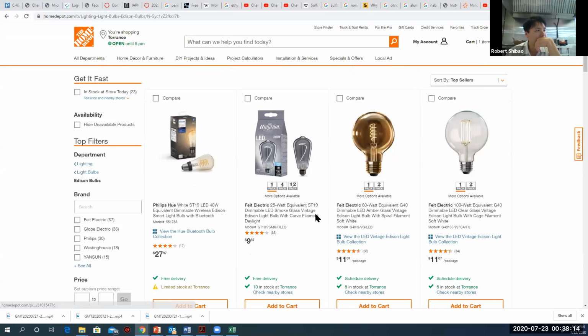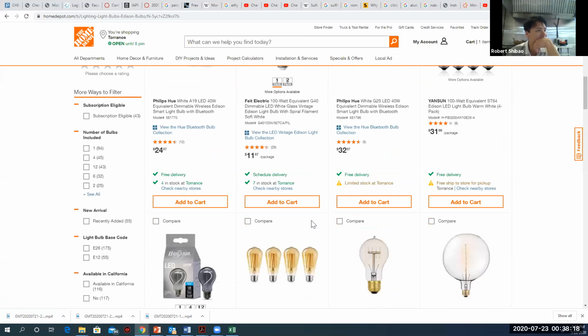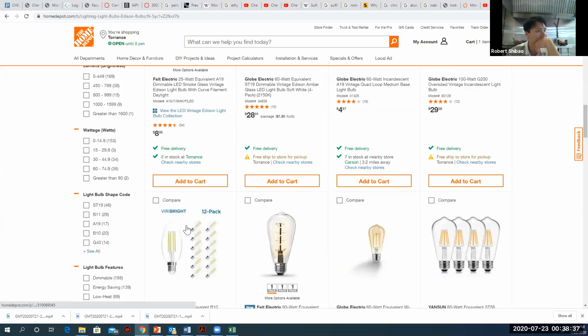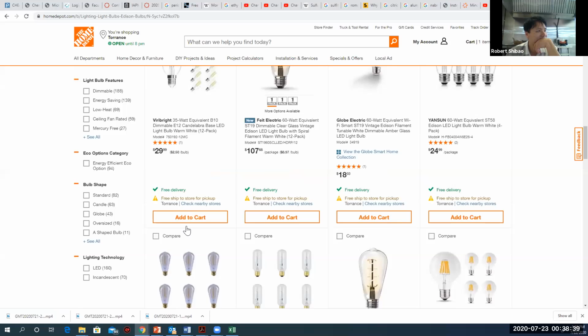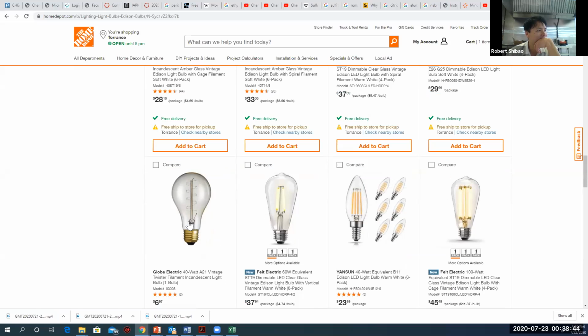These are make-believe, kind of fake tungsten light bulbs. That's pretty cool. Vintage. Okay, these aren't LEDs. This is vintage. They make these LED ones that look vintage. That's pretty cool.